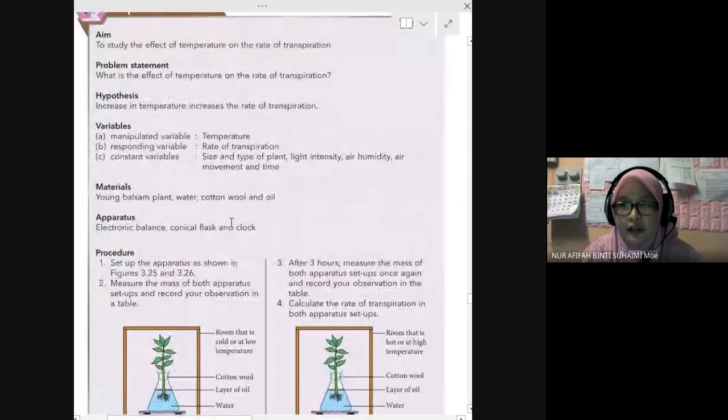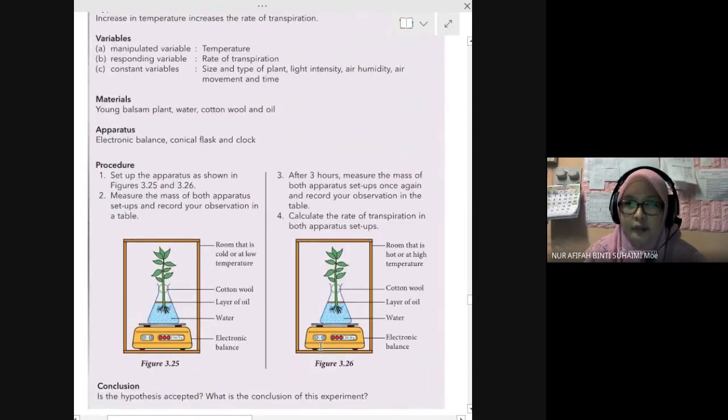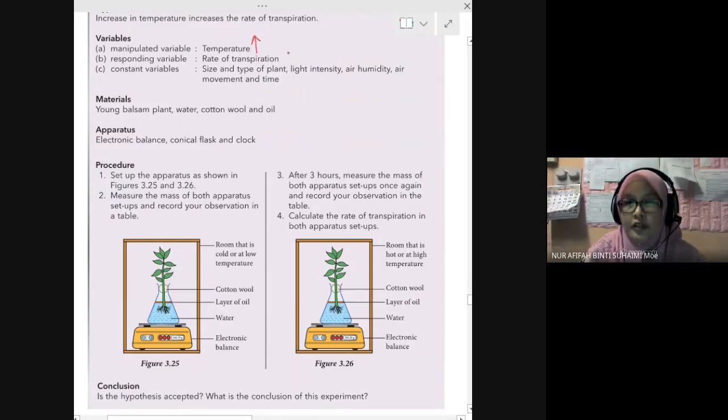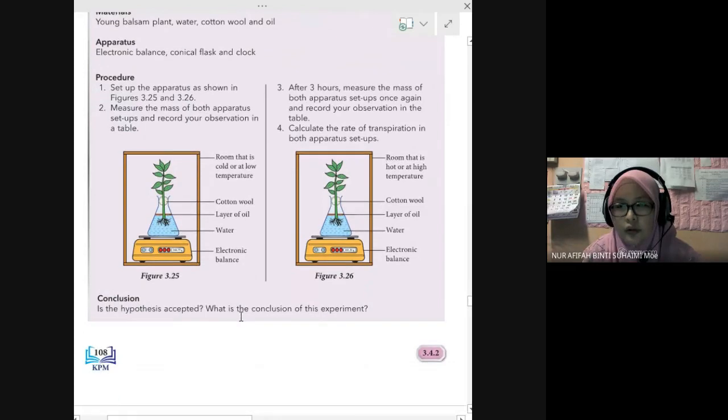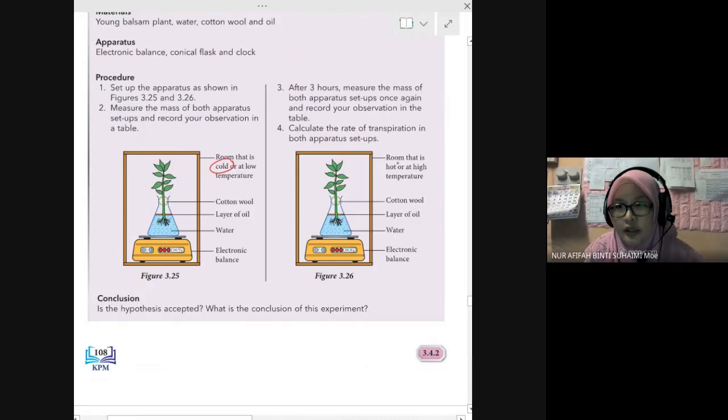Right, the fourth and last factor is temperature. This one is more or less the same as the presence of light. So what happens if the temperature increases? The rate of transpiration also increases. Either a cool room or low temperature, choose one. In 3.25 maybe you put it in a cold place or low temperature, and the other one is high temperature.